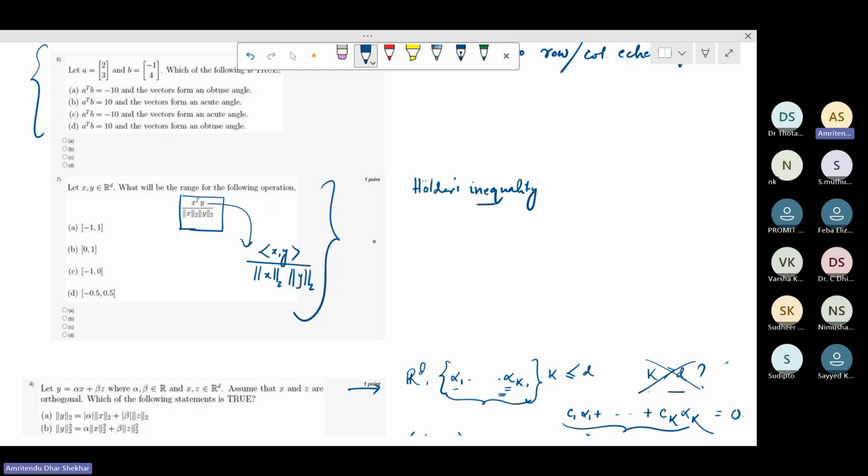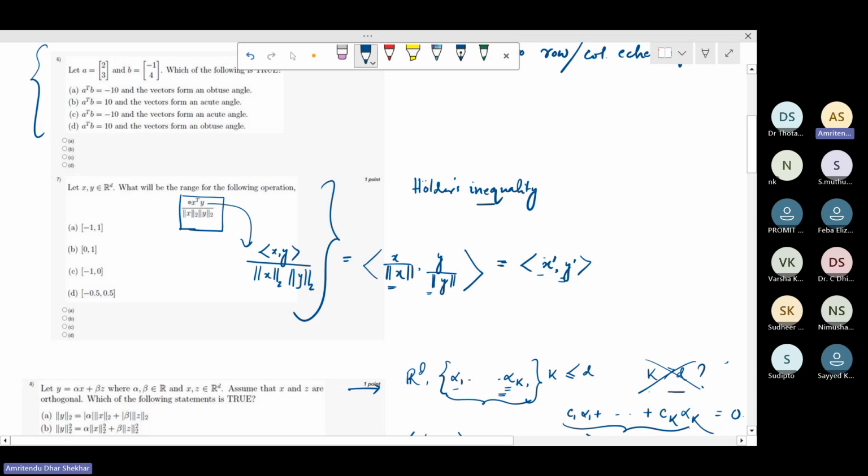I mean, you can write this as x by norm of x, comma, y by norm of y. But this is a unit vector, this is a unit vector. So this is equal to some x prime, comma, y prime, where each of these are unit vectors.